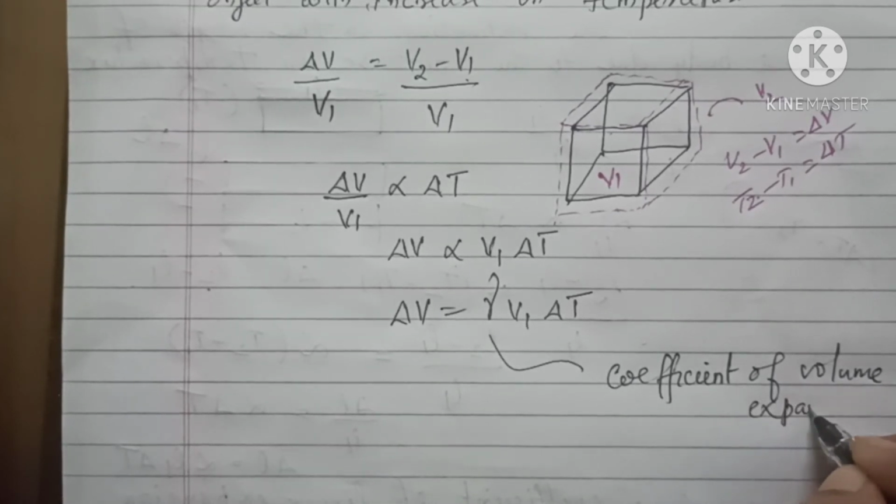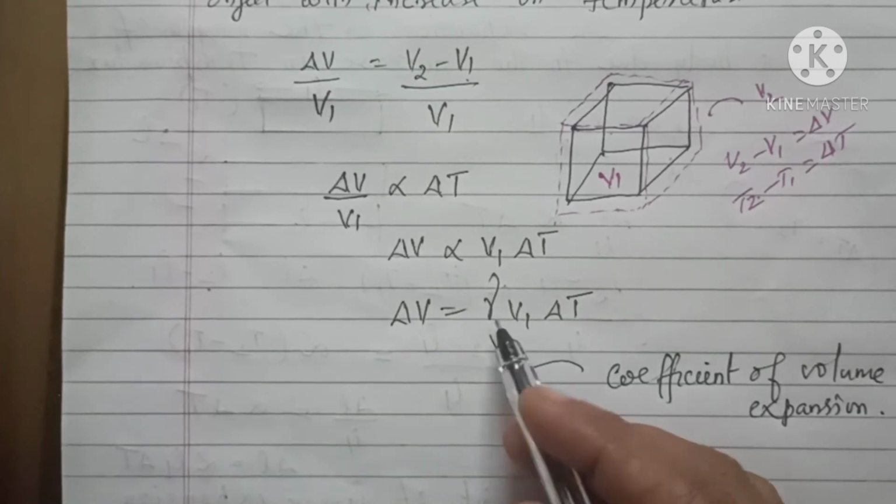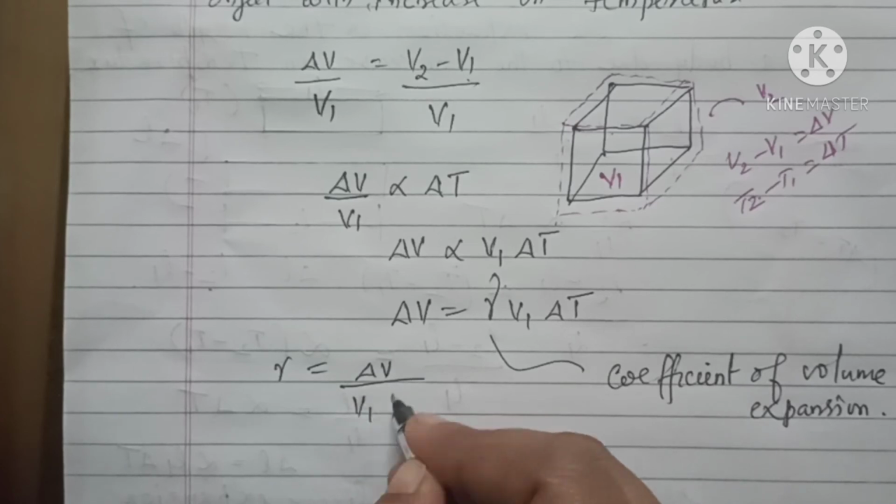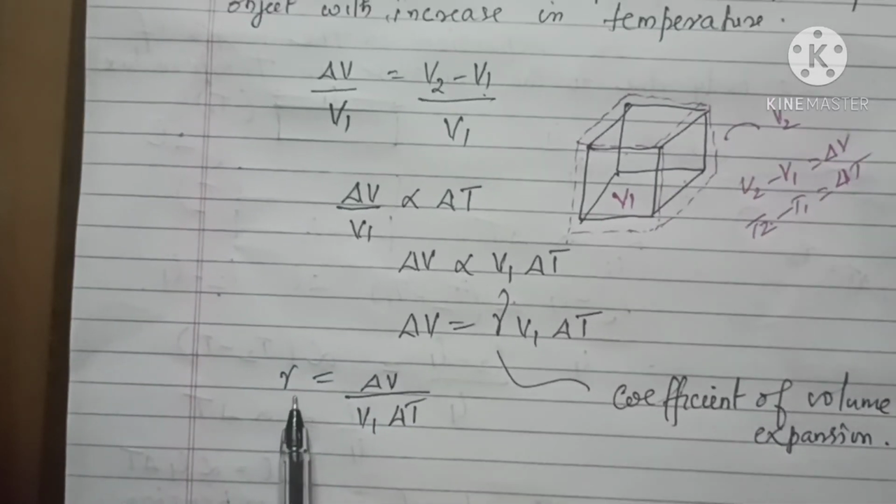Clear? Coefficient of volume expansion or cubical expansion. So again you can define this gamma like this, delta V by V1 delta T. Look here, how can you define it?